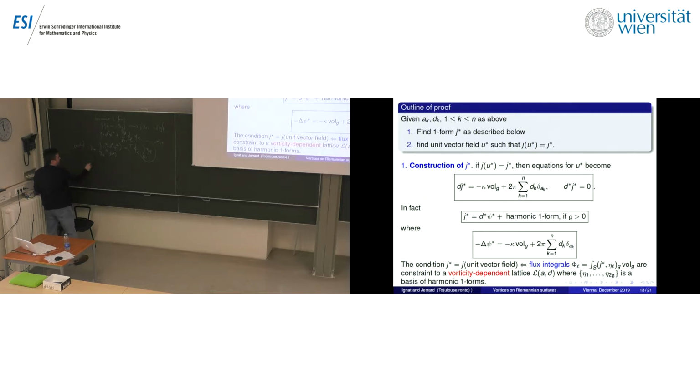So if I call alpha that matrix, alpha times phi minus zeta should be 2 pi Z^2g. Okay? So these are the quantities that we are interested in.